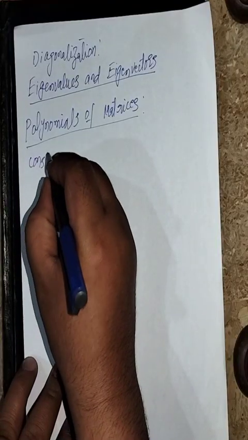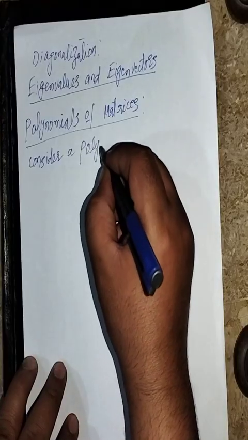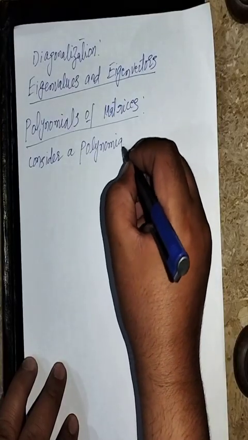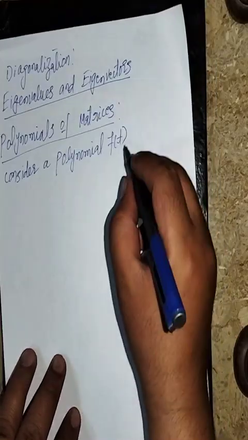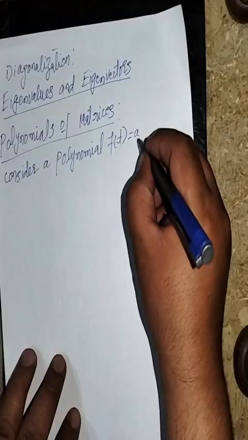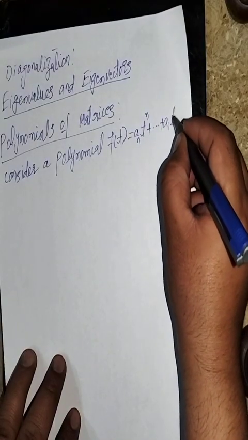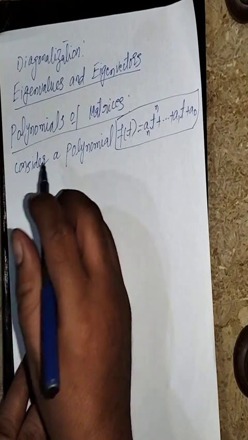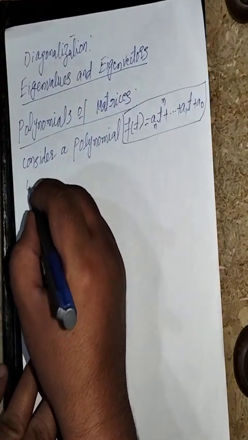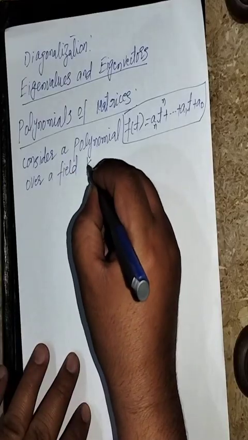Consider a polynomial f of t equals a_n t^n plus so on plus a_1 t plus a_0. It is the general form of an nth order polynomial over a field K.